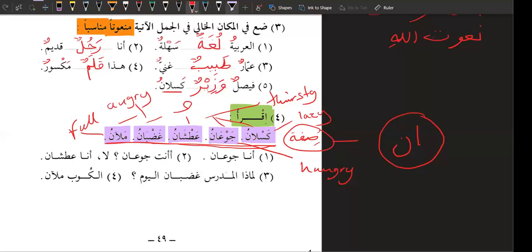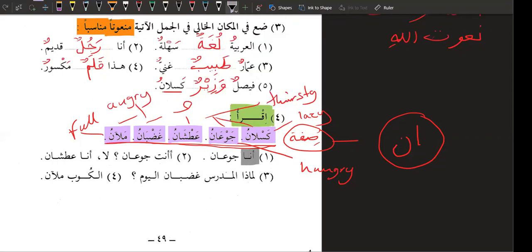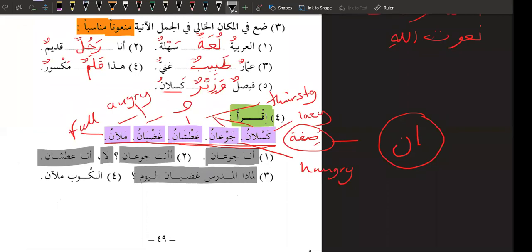Then we have a few sentences which I'll quickly go through because of time. Ana ju'an, I am hungry. A-anta ju'an, are you hungry? La, no. Ana 'atshan, I am thirsty. Limadha al-mudarris ghadban al-yawm? Limadha is why.